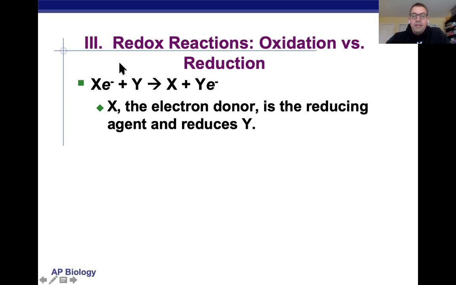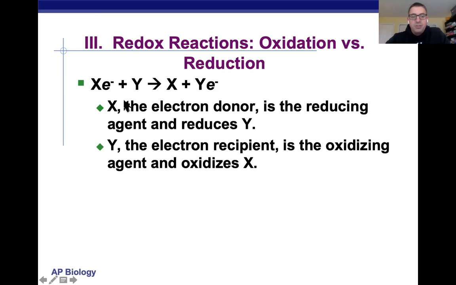The molecule that donates the electron is said to be the reducing agent. It is what causes the other molecule to be reduced here. So X is the reducing agent. The molecule that receives the electron is said to be the oxidizing agent, because it has caused the molecule X in this case to become oxidized.